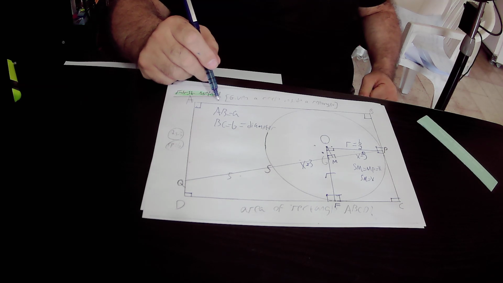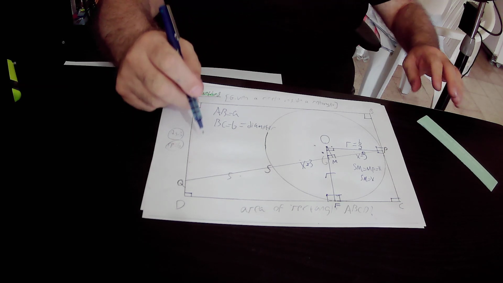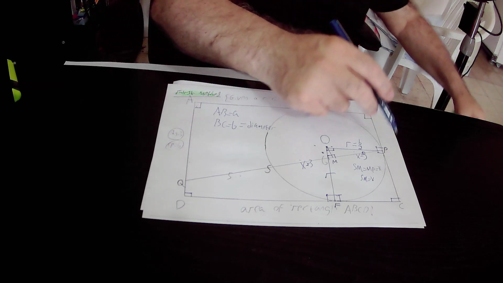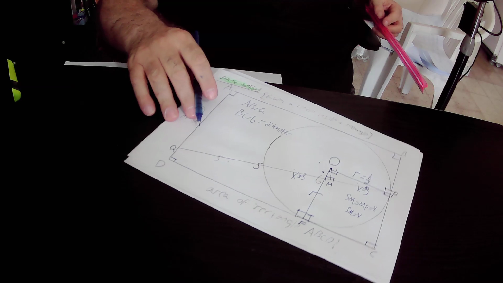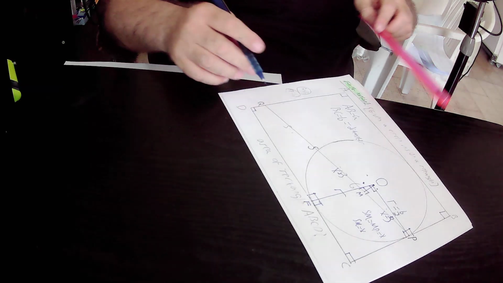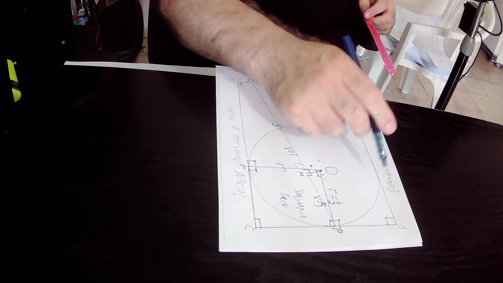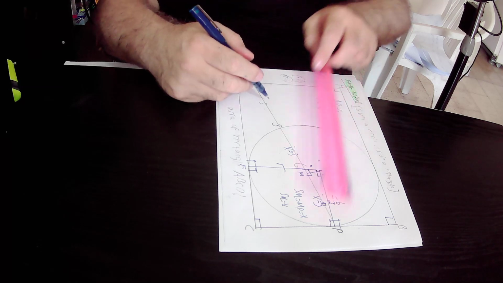So here, from point Q actually, we will draw a perpendicular on side BC of rectangle ABCD.